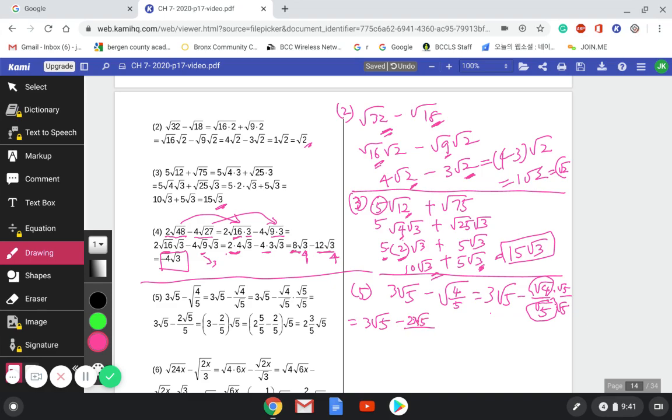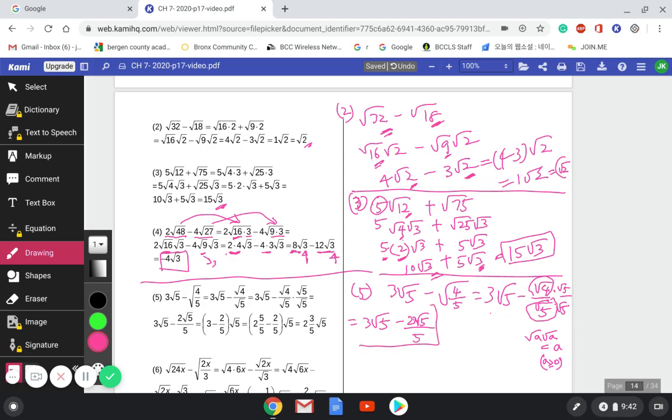And the denominator, radical 5 times radical 5, or square root of 5 times square root of 5, ends up with a 5. Because every time you multiply the same number in the radical, they end up with a, as long as a is positive, or bigger than or equal to 0. So you end up with this.